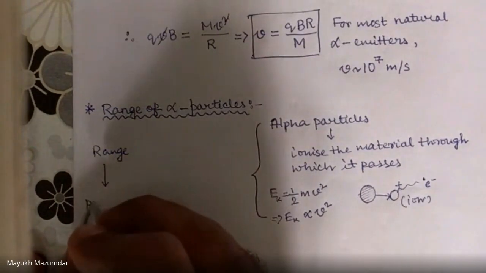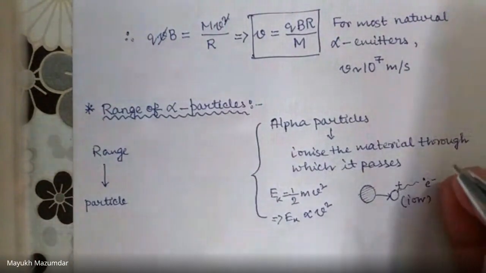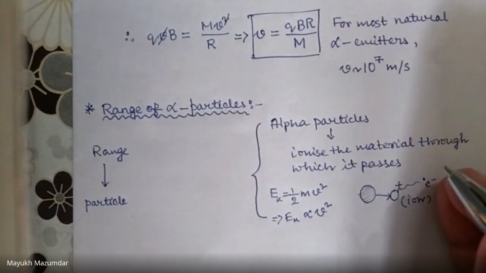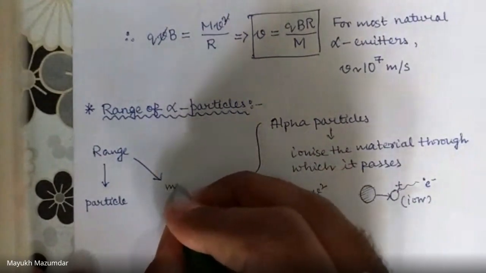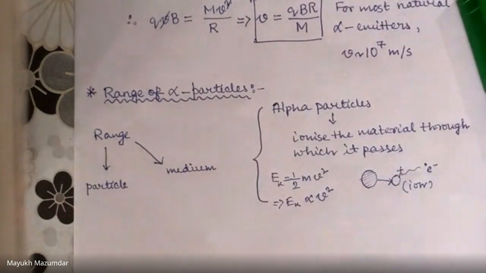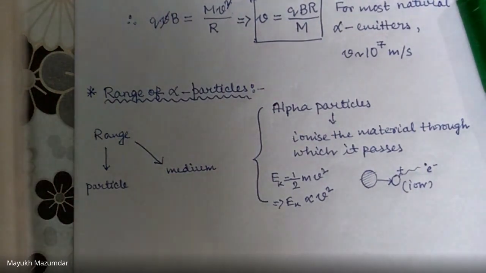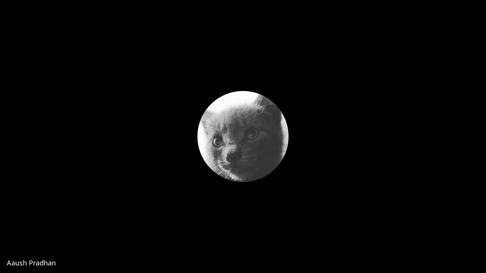First, the particle, which I characterize by its velocity, energy, and secondly the medium. Obviously the range in solids is expected to be lesser than that in fluids, right? Because of the compact arrangement of the constituents. Got it? Yes, sir.